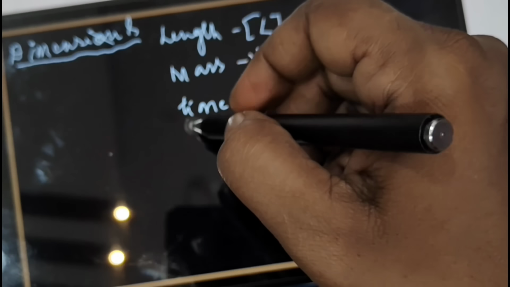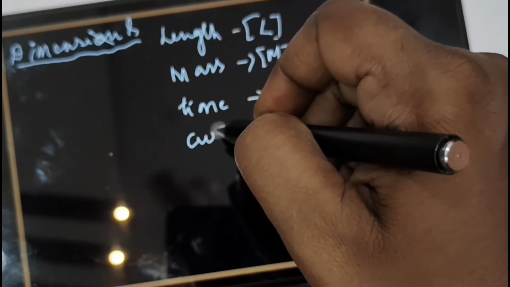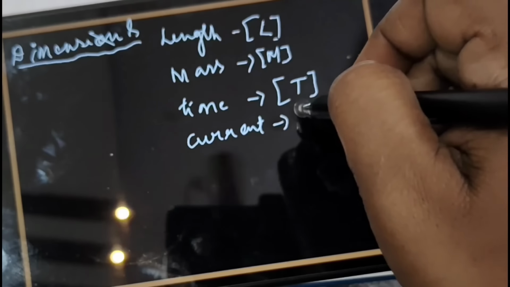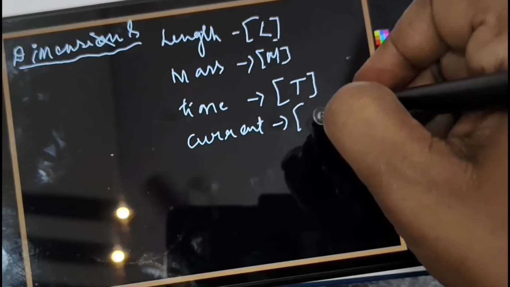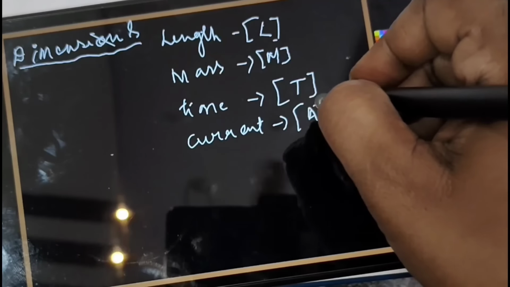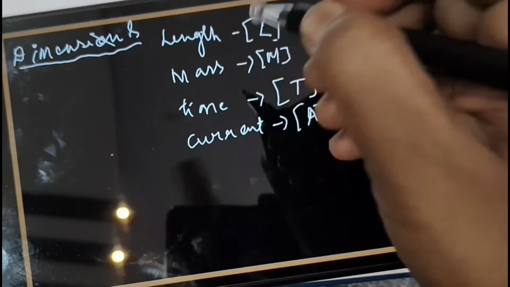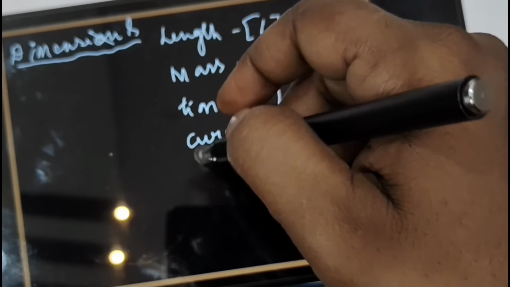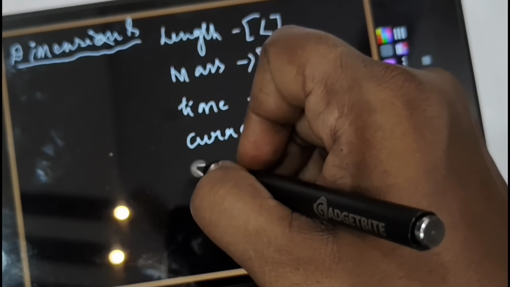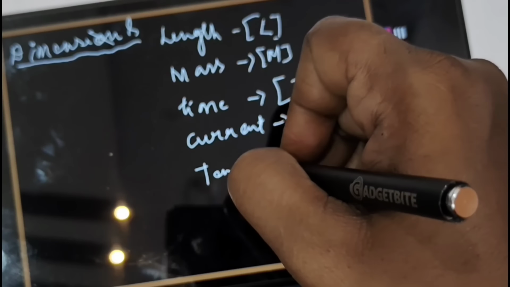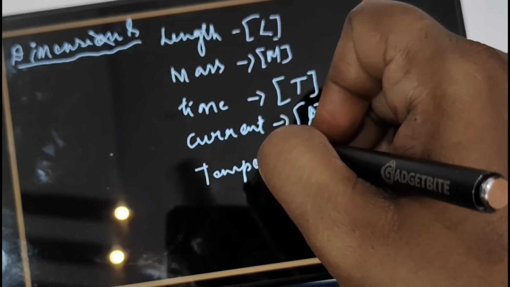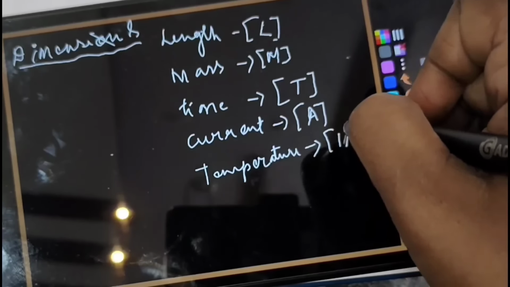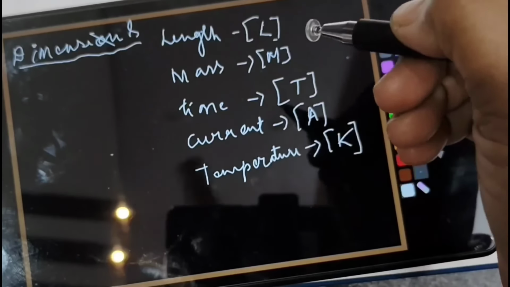Then current, electric current, will not take here I or C. We are going to take the unit, capital A, because already it is capital A. We'll take the capital A. Then temperature, it is taken as Kelvin, capital K. Okay.